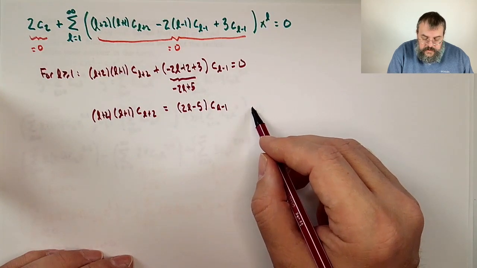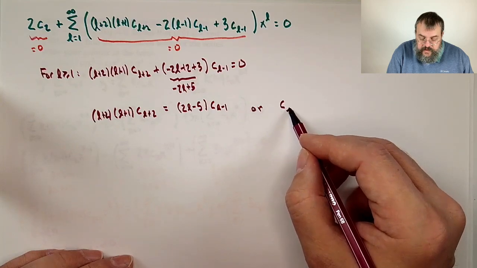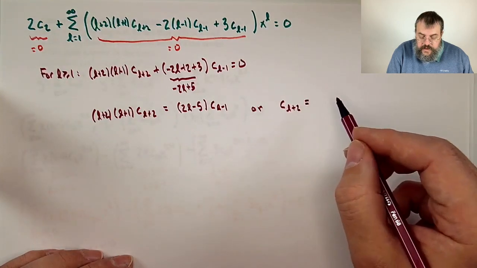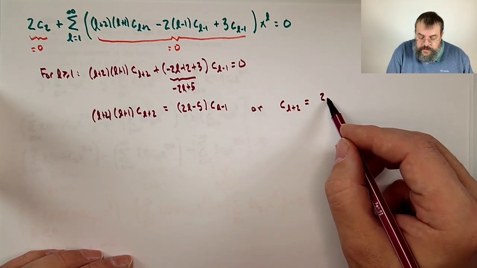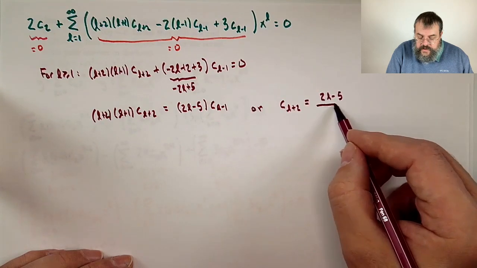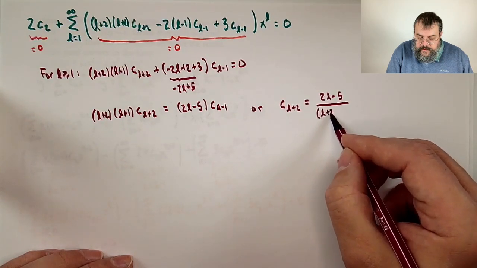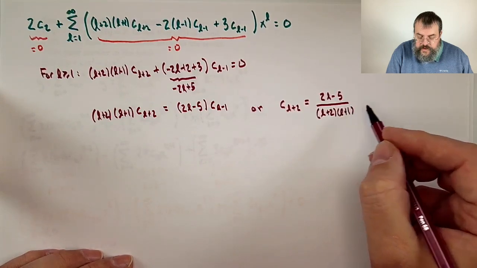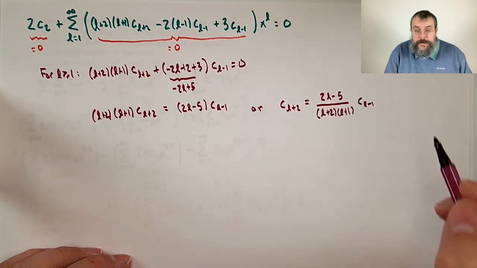Or we could say, hey, C_{L+2} is equal to this expression (2L minus 5), divided by (L plus 2)(L plus 1), times C_{L-1}.